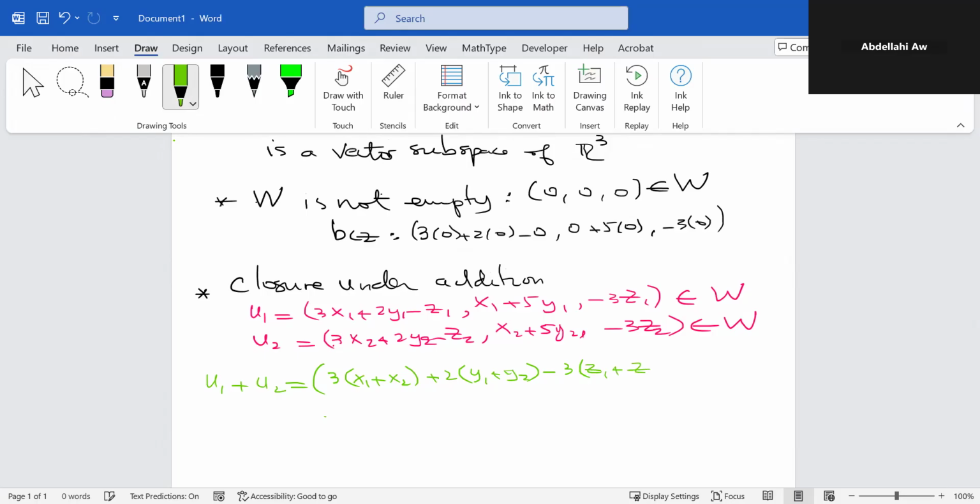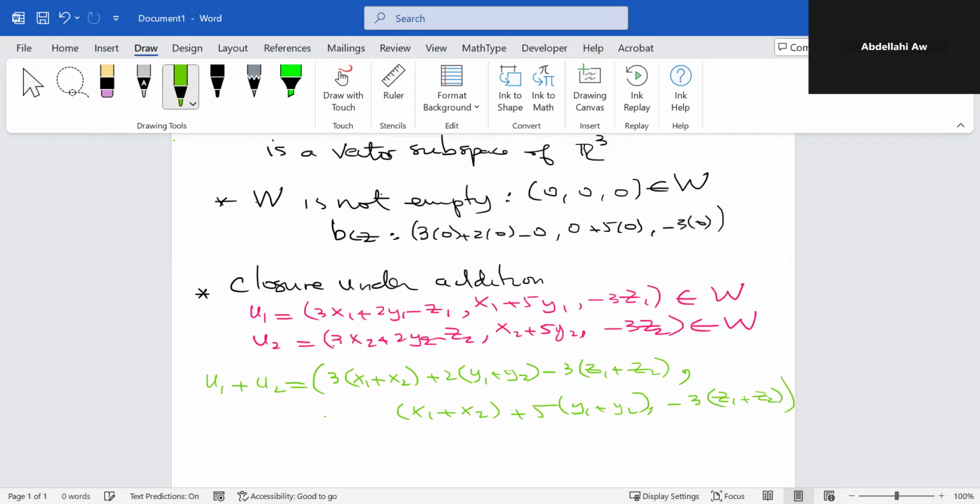That's the first component. The second component will be (x1 + x2) plus 5 times (y1 + y2). And the third one would be negative 3 times (z1 + z2).